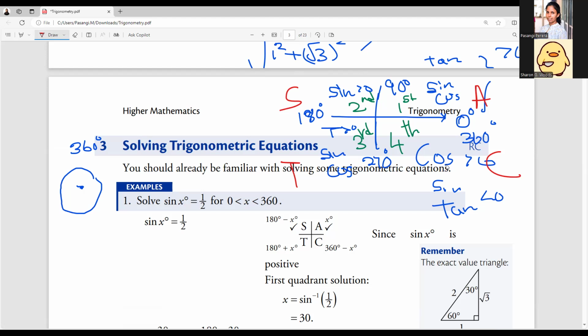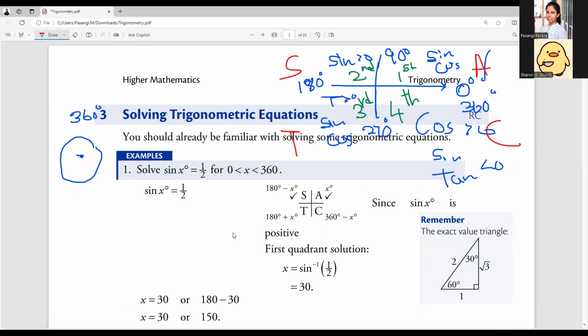Okay, that is done. Now we are going to solve these basic equations.